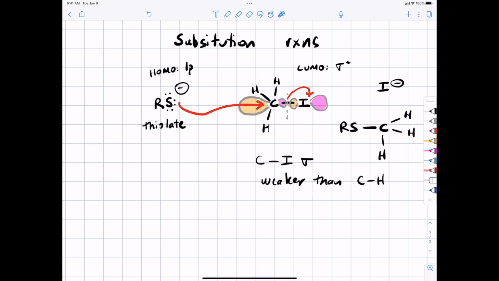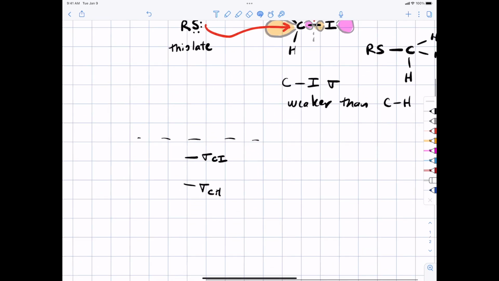Bond weakness, or strength, refers to how low in energy a carbon hydrogen sigma bonding orbital is versus a carbon iodide bonding orbital. And as we've said, if a sigma bonding orbital is not very low in energy, then the sigma star anti-bonding orbital is correspondingly not that much higher in energy than our starting atomic orbitals were.